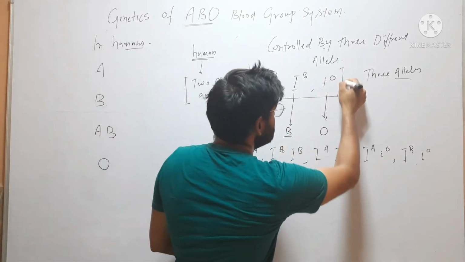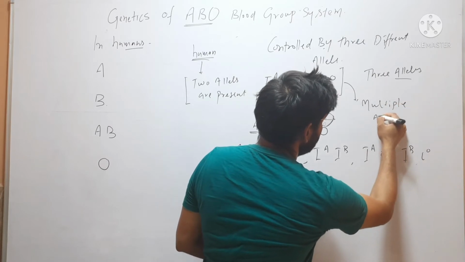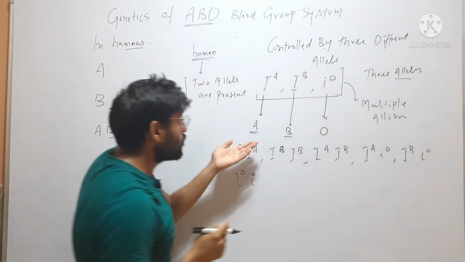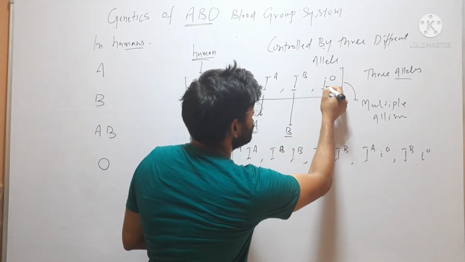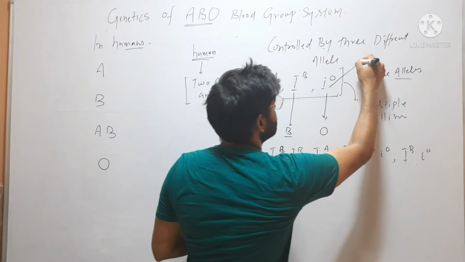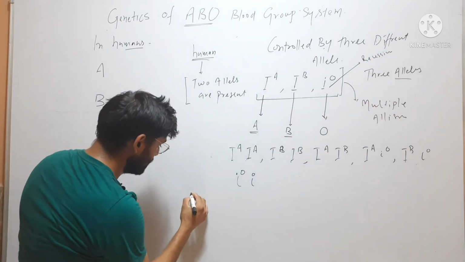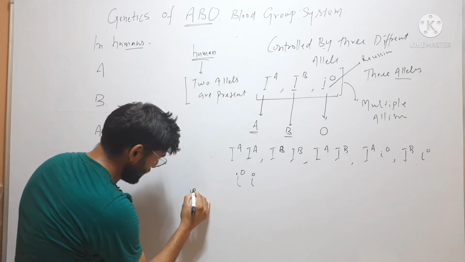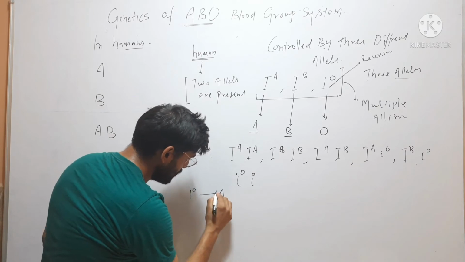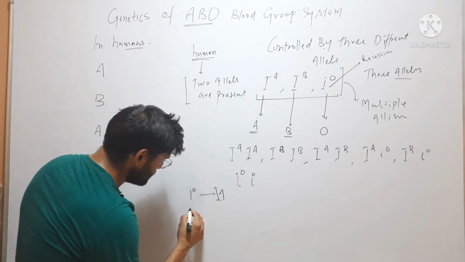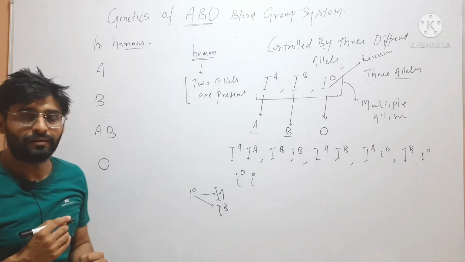So these three alleles are an example of multiple allelism. Out of these three alleles, this small i naught allele is recessive, means this allele is recessive to IA allele, and this allele is also recessive to IB allele.